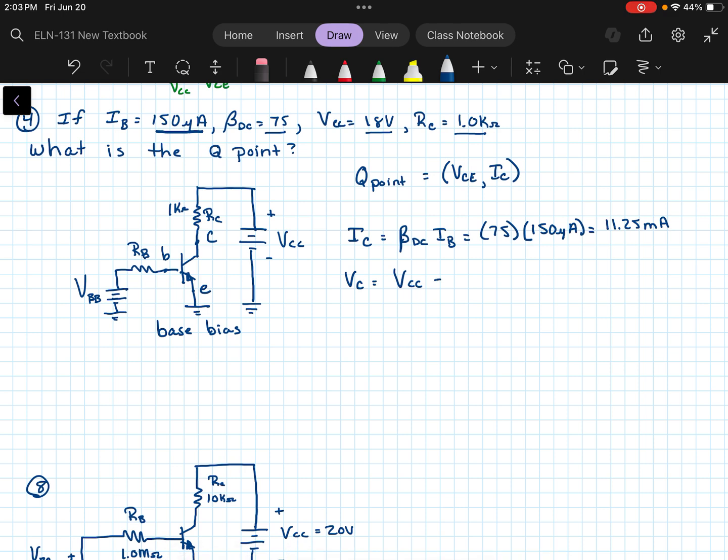VCC minus whatever the voltage drop is across RC, which is going to be IC times RC. That's our Ohm's law relationship there. So we're applying 18 volts VCC minus the 11.25 milliamps that we just found, which is 75 times the base current, times the 1 kilo ohm of resistance that we have at the collector.